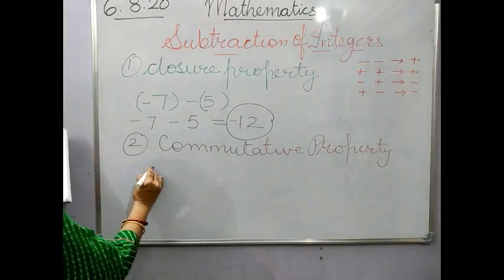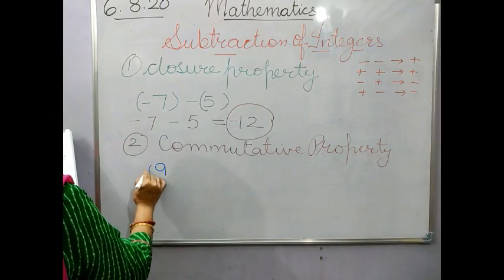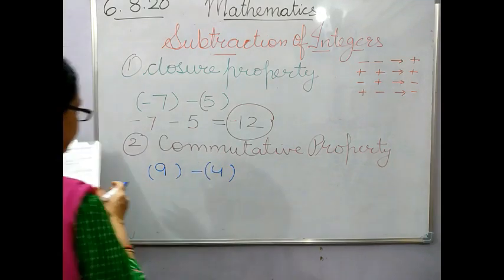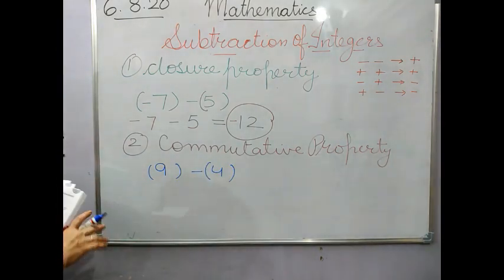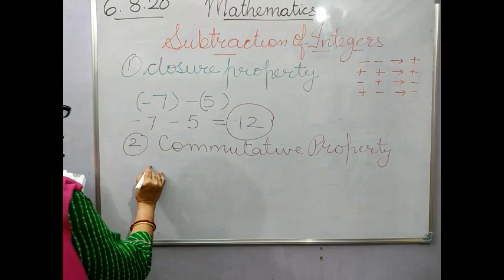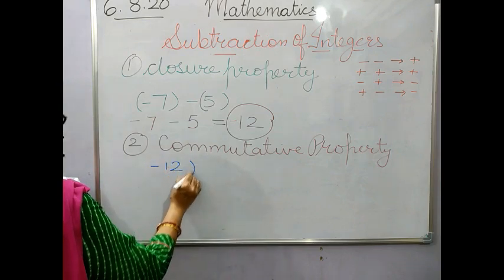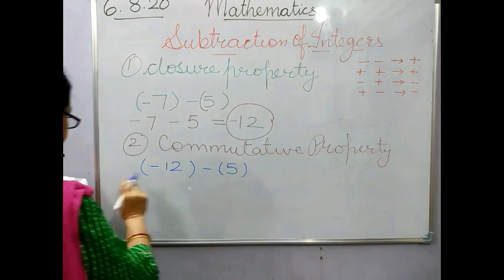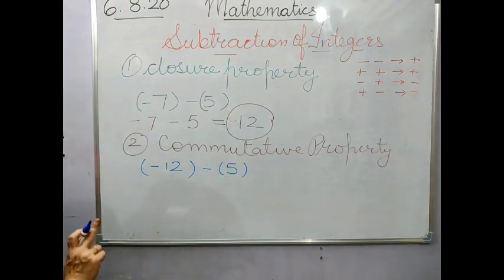I'll take the first one, 9 minus 4, it is in the bracket. Or I'll take another example, the second one. It is minus 12 minus 5. See, this is the first order, you can say.